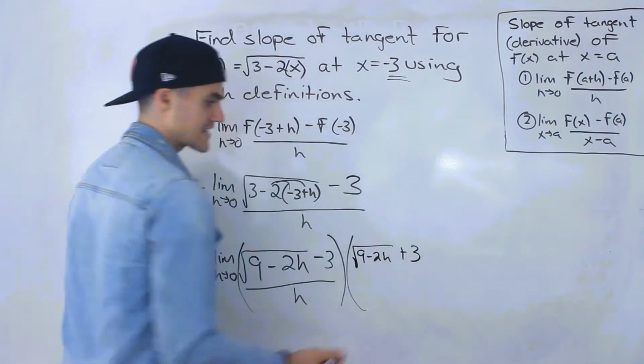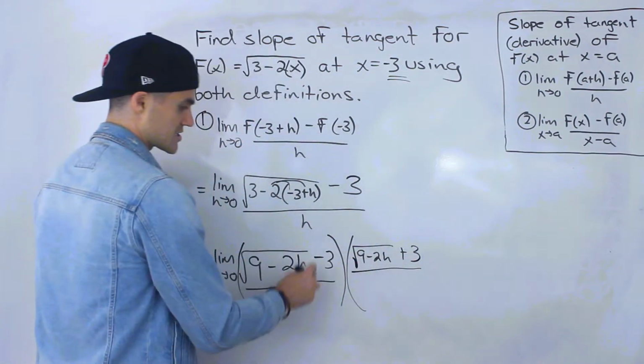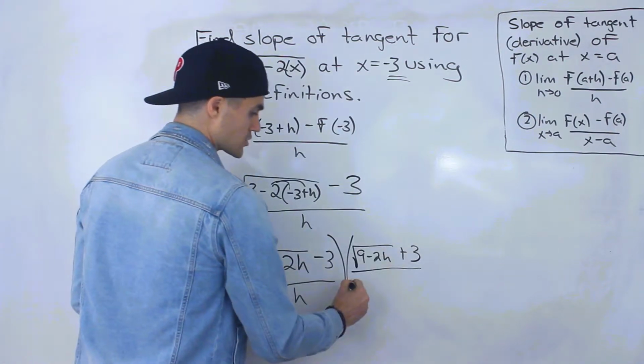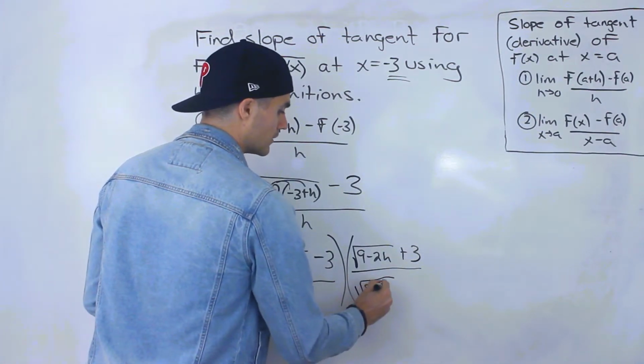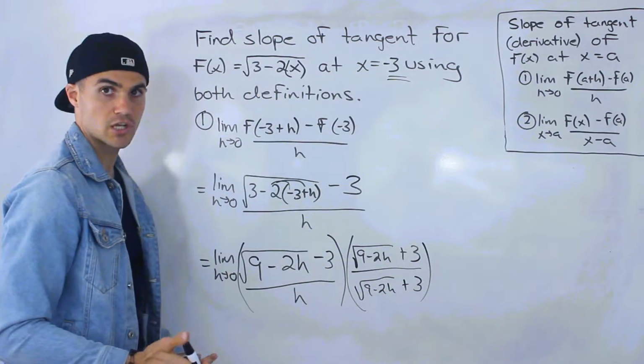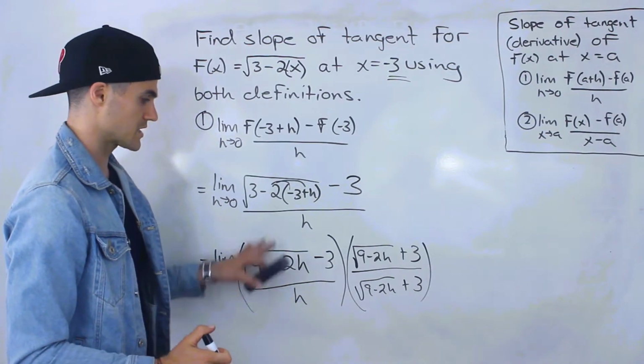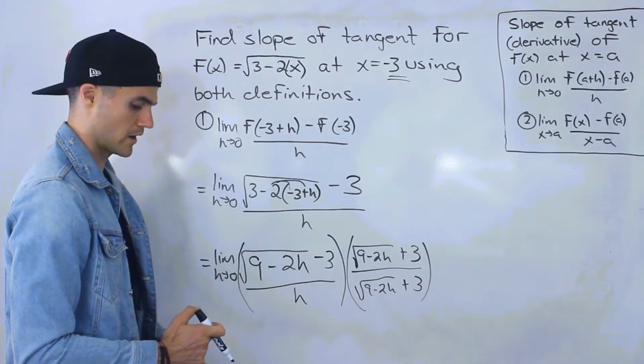You would just change that sign in the middle. But you can't just multiply this expression by another expression. You've got to multiply it by 1, meaning you've got to put that same conjugate in the denominator as well. So it's like we're taking this and multiplying it by 1.